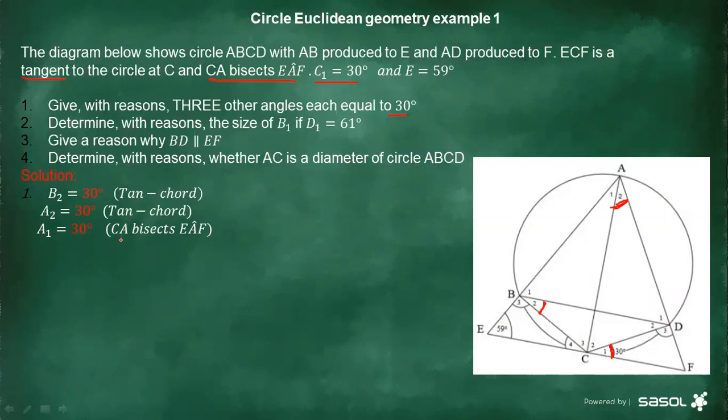What is the reason? CA bisects angle EAF. We're told from the scenario that these two angles are bisected, meaning they are equal, meaning angle A1 equals angle A2, right? So those are three other angles which are equal to 30 degrees.